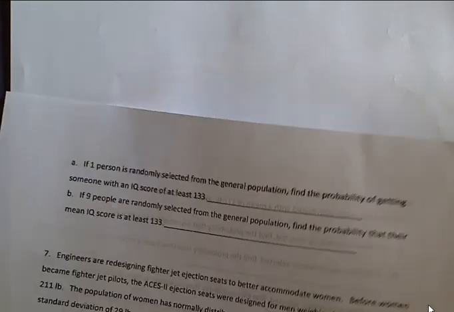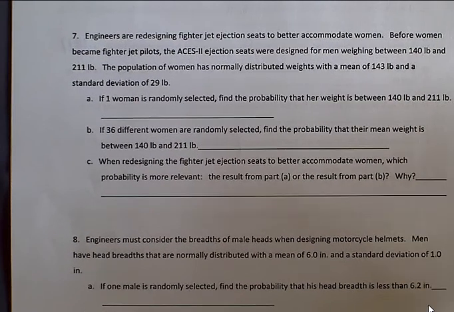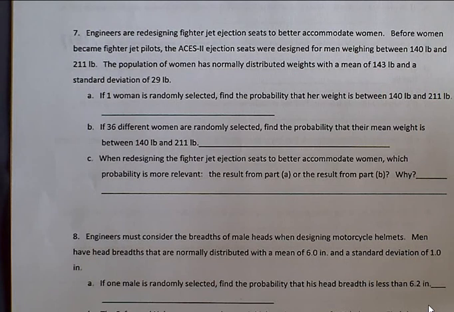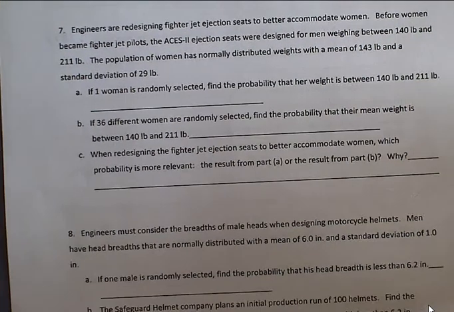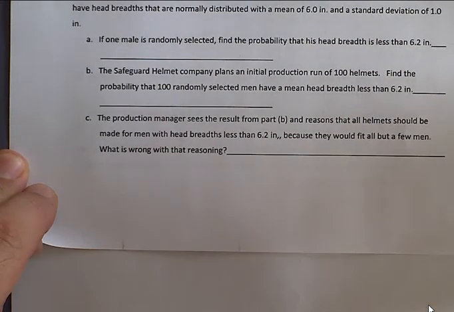On the back side of this one, on number 8, it says engineers must consider the breadths of male heads when designing motorcycle helmets. Men have head breadths that are normally distributed with a mean of 6 inches and a standard deviation of 1. So this is a less than. If one male is randomly selected, find the probability it's less than 6.2 inches.